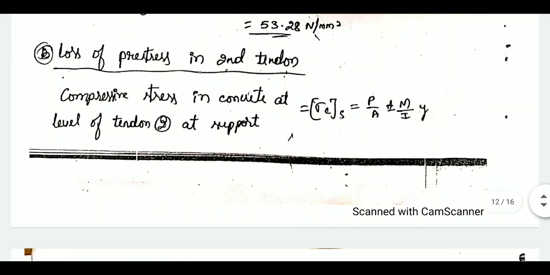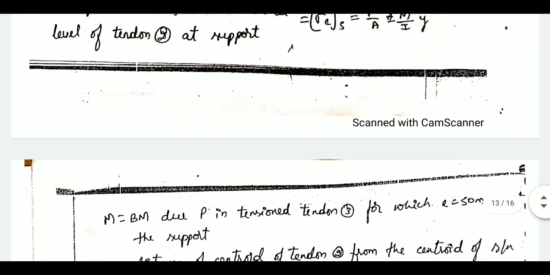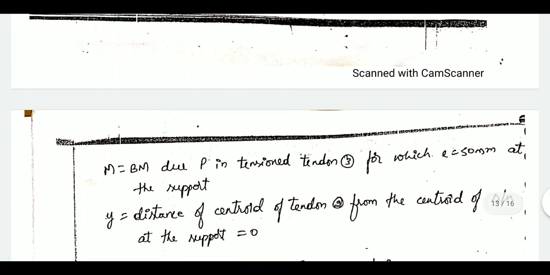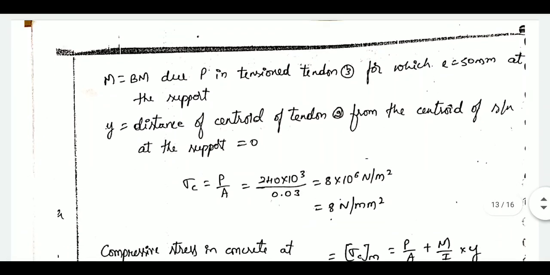Then the loss of stress in the second tendon. Same way, it is also a parabolic tendon, but here you should remember the eccentricity at support for the third tendon is 50 mm, but the eccentricity for the second cable at support is 0. It is coinciding with the centroidal axis. So E will be 50 mm and Y will be 0 for the second tendon.